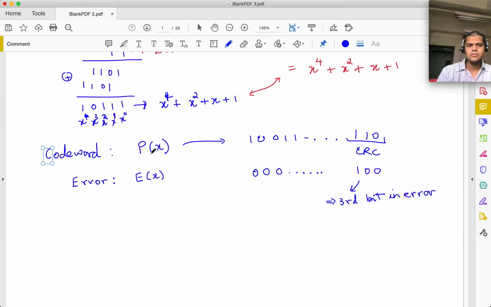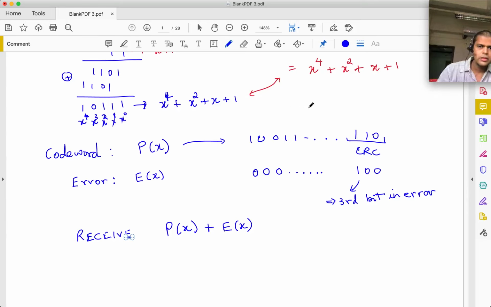So suppose the third bit was in error and some particular P of x was sent. Essentially what you receive is the sum of those. So we are going to receive P of x plus E of x, and plus is again going to be implemented using XORs.